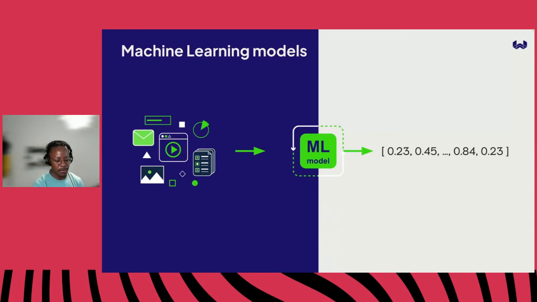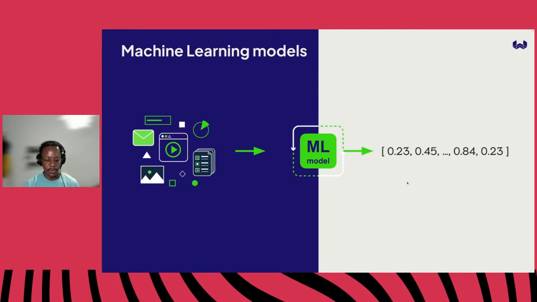You have your information on the right here, and you pass that information, your data, your objects, your blog posts, your images, into a machine learning model, and you create vector embeddings. These vector embeddings are an abstraction of your data in a format that the machine learning models and other machine learning models can understand. And this array of numbers that you see are called vector embeddings.